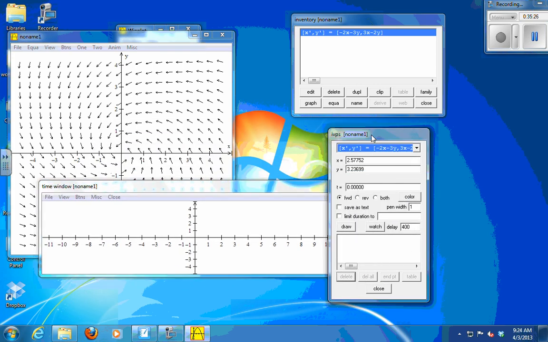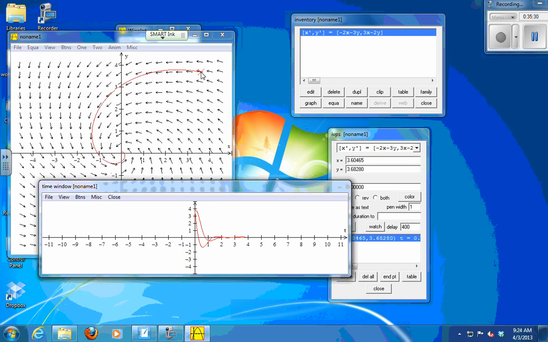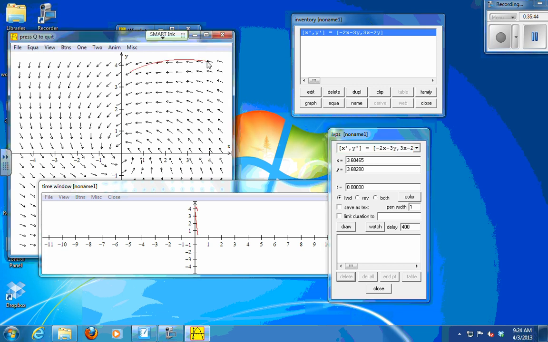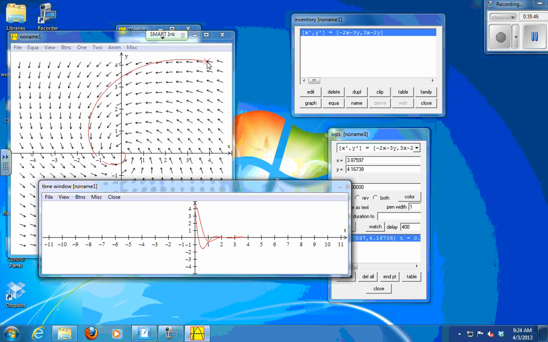And then if you click on an initial value, it traces the phase portrait in one window and the x of t and y of t solutions in the other. And let's do another one. Kind of cool, huh? So it's under miscellaneous.